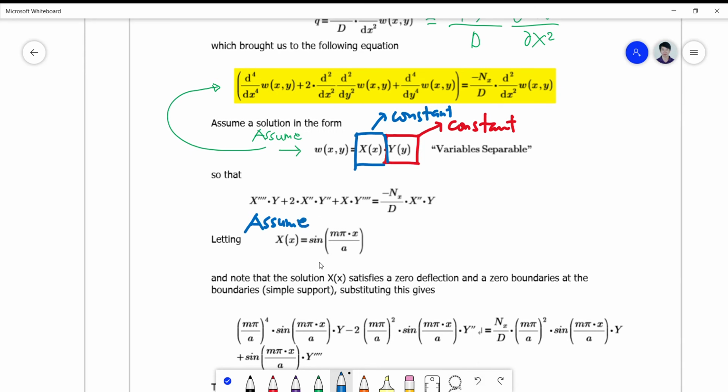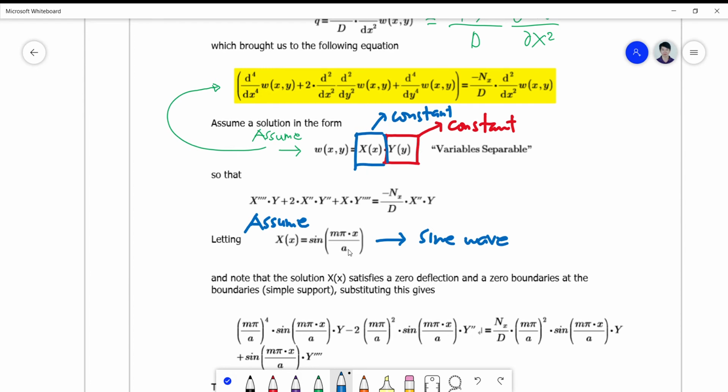So we assume a simple sinusoidal solution, a sine wave, to capture a solution that will represent your x variable here.